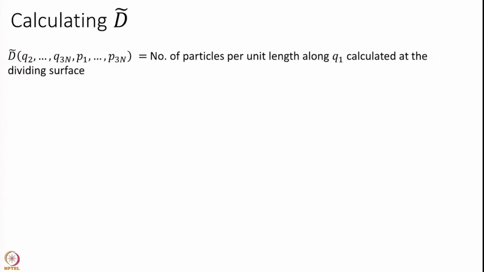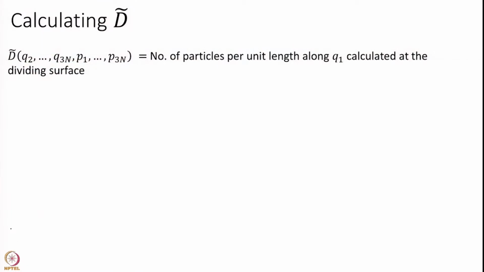So, now let us think of calculating this d tilde. So, this again is the number of particles per unit length along Q1. So, now is when we will start making a little bit more assumptions. Here we are going to assume we have thermal equilibrium. So, at thermal equilibrium we have seen the equilibrium density.